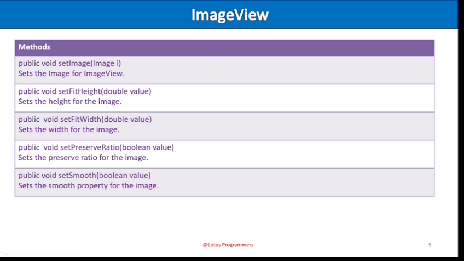And if you would like to set preserve ratio and smooth to true for enhancing the quality of the image, you call the setPreserveRatio method with the argument true, and likewise the argument true for the setSmooth method. So these are the important methods referred to for ImageView.